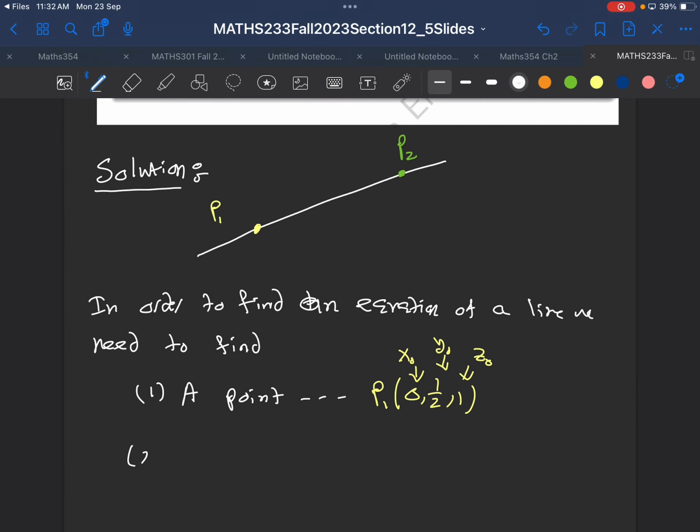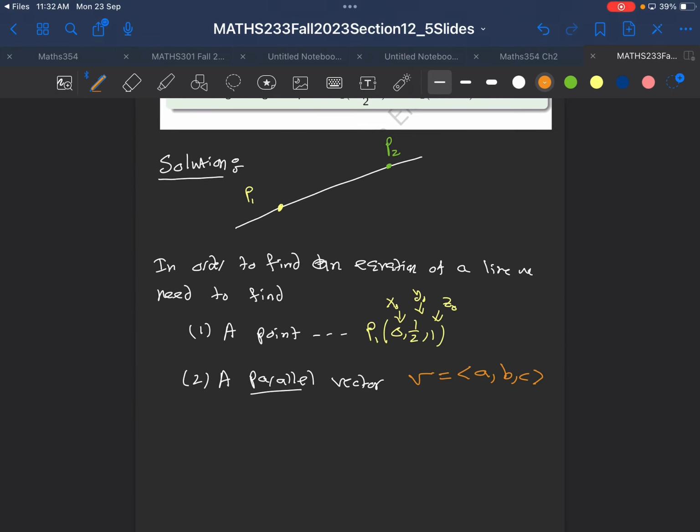We need to find a vector. And usually this vector is not just any vector. It should be a parallel vector, which we will call V. And V must be A, B, and C. Now, if we have these 2 pieces of information, then we can quickly write the equation of a line.